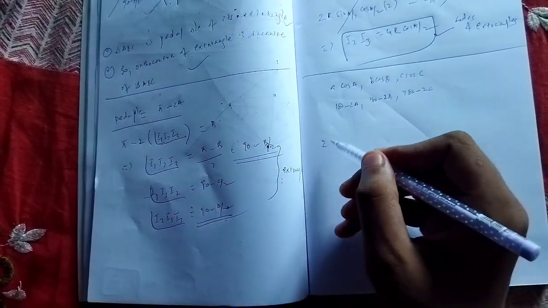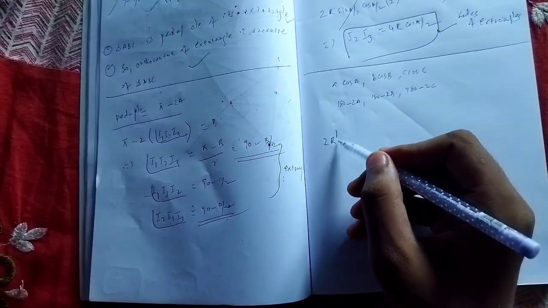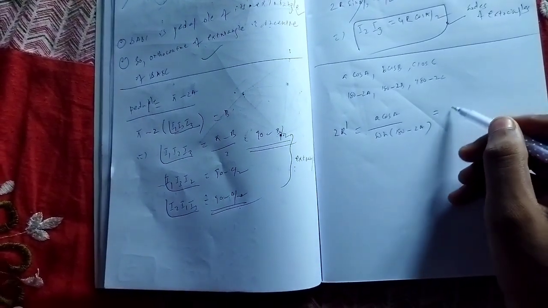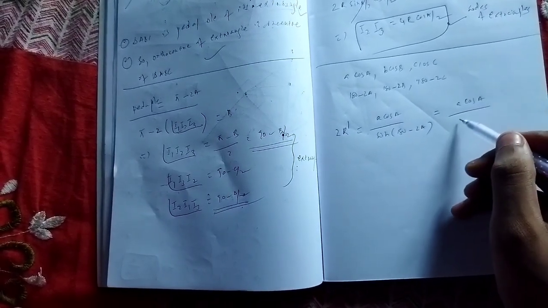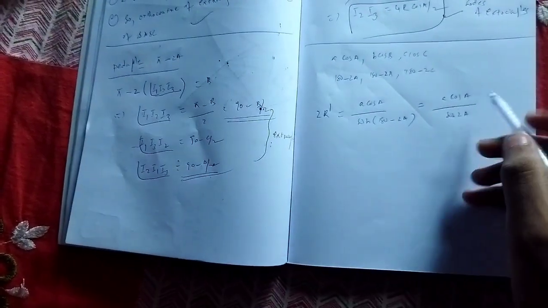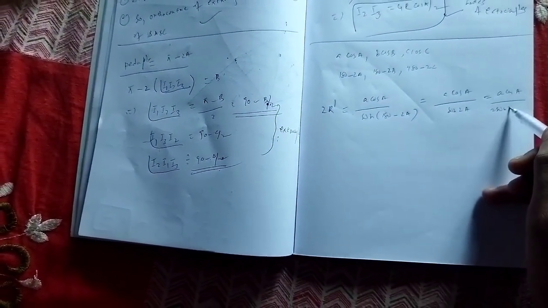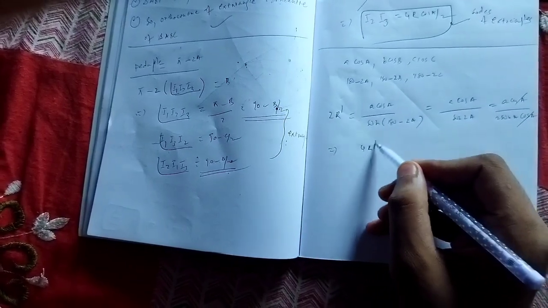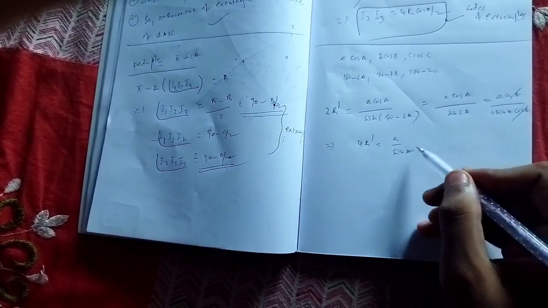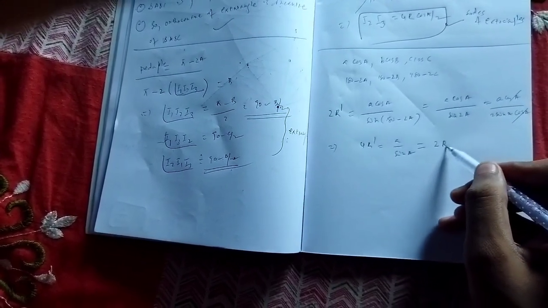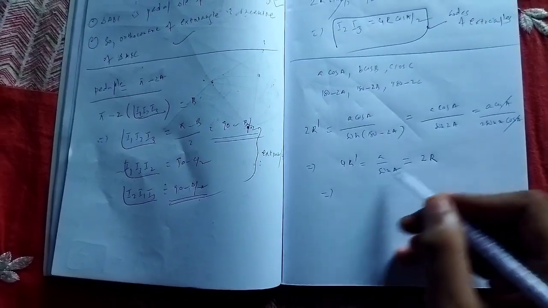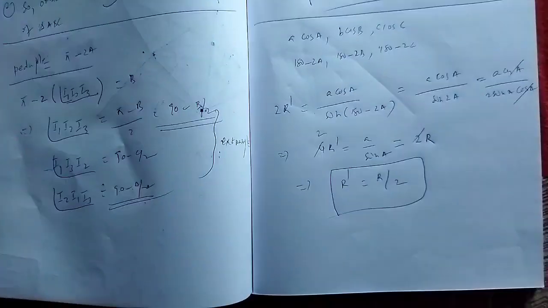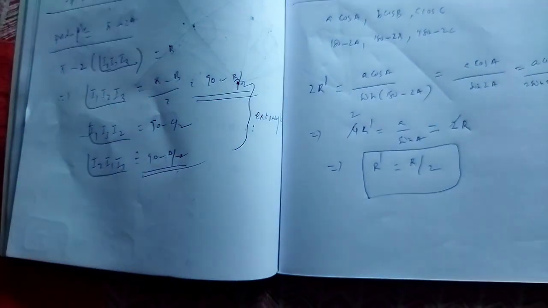By the sine rule, let the circumradius of the pedal triangle be r dash: A cos A by sine of 180 minus 2A, so A cos A by sine 2A, which is A cos A by 2 sine A cos A. It implies that 2r dash equals A by sine A, which is equal to 2r, where r is the circumradius of the original triangle. So r dash equals r by 2.